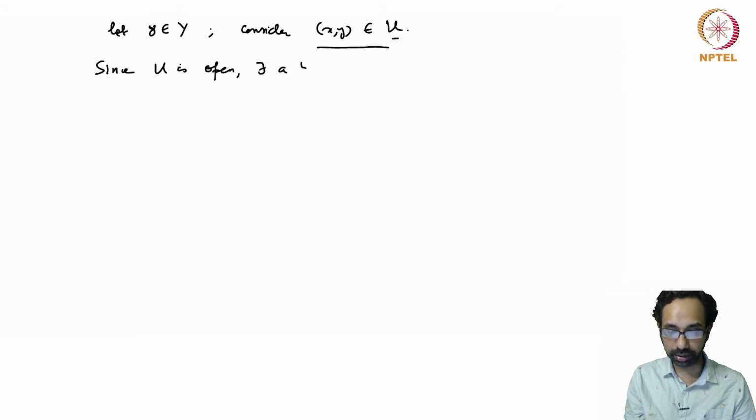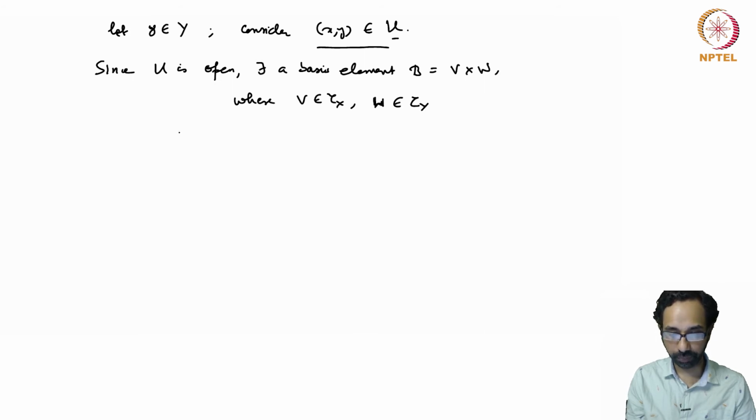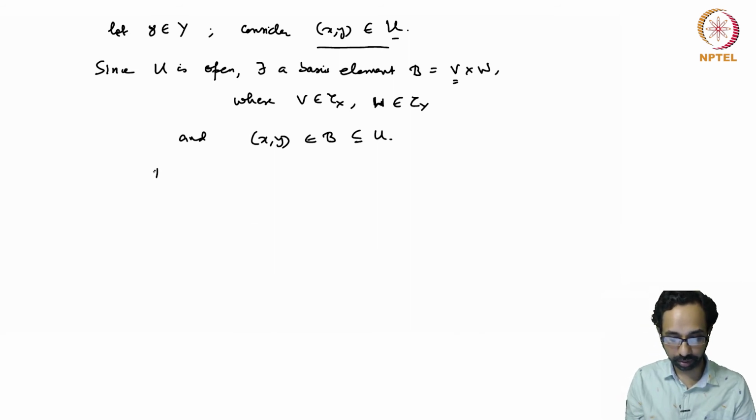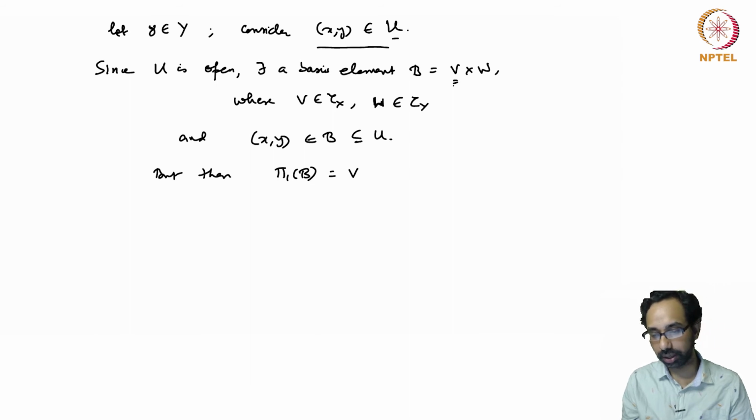So there exists a basis element B, which is of the form V cross W, where V is open in X, W is open in Y, and we have the point (x, y) belongs to B and it is a subset of U. But then if you take pi1 of B, pi1 of B is equal to V, because you are just considering pi1 on a Cartesian product of two sets.